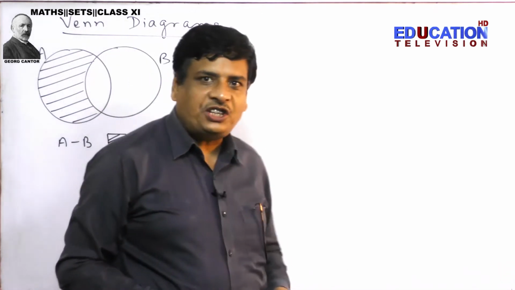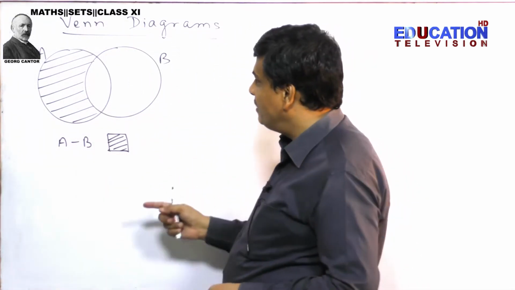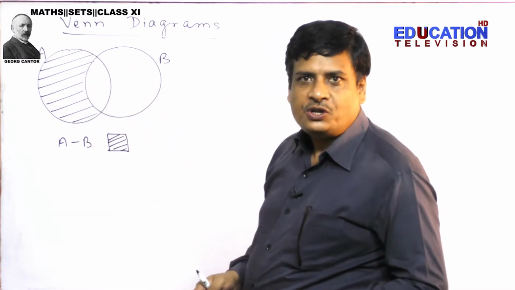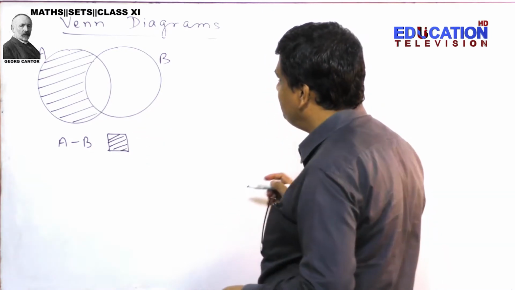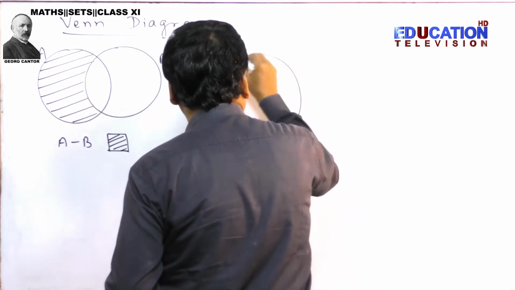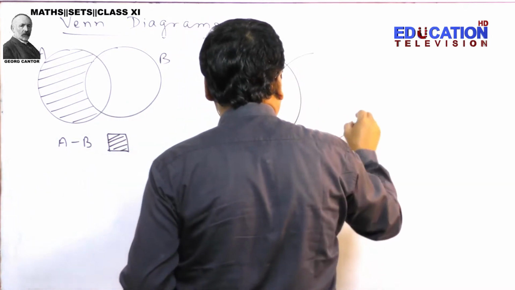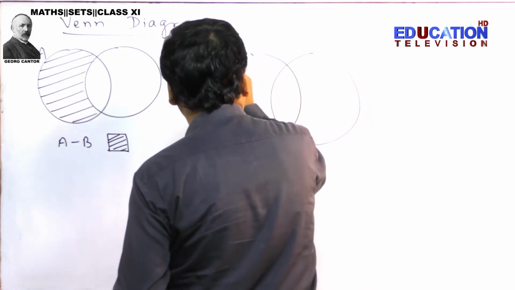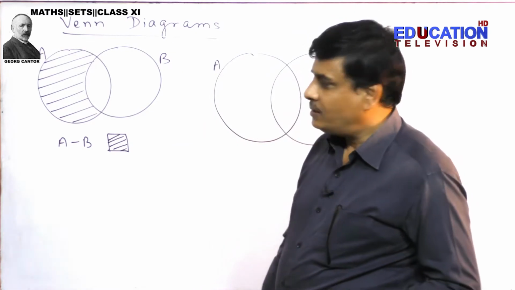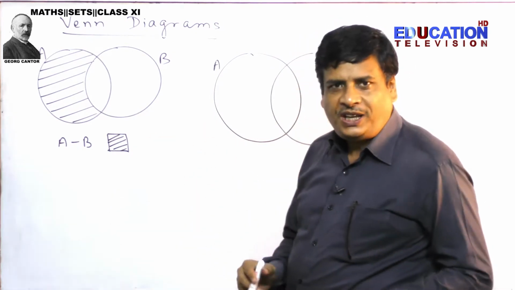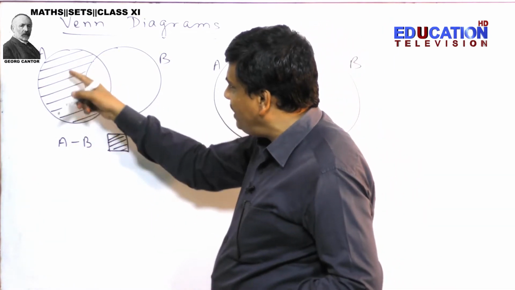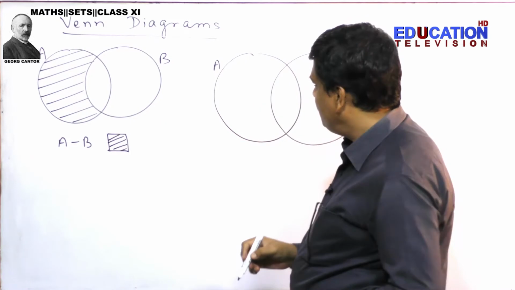The shaded part is A minus B, excluding the part of B from A. This is the remaining part of set A, so it is A minus B. When you exclude the part A minus B from set A, what will remain?